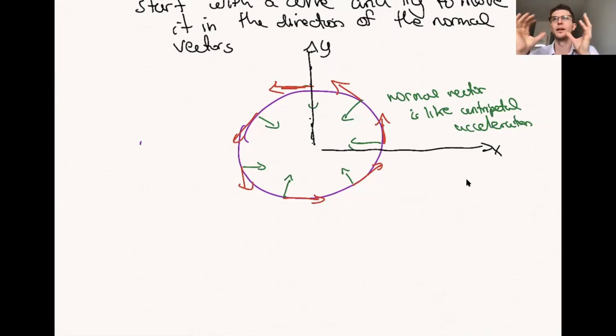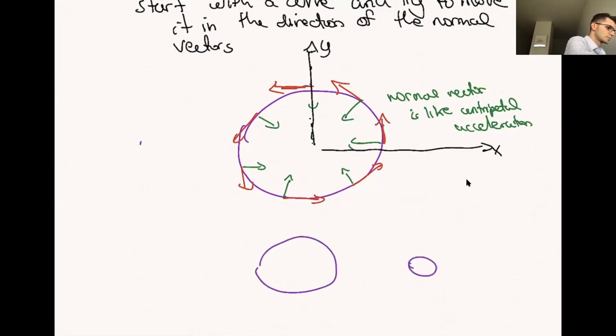It's a circular boat made of clay, so it's allowed to shrink or expand. So what happens if you try to move the boat in the direction of the green vectors? It will get smaller, right? Is that clear to everyone?